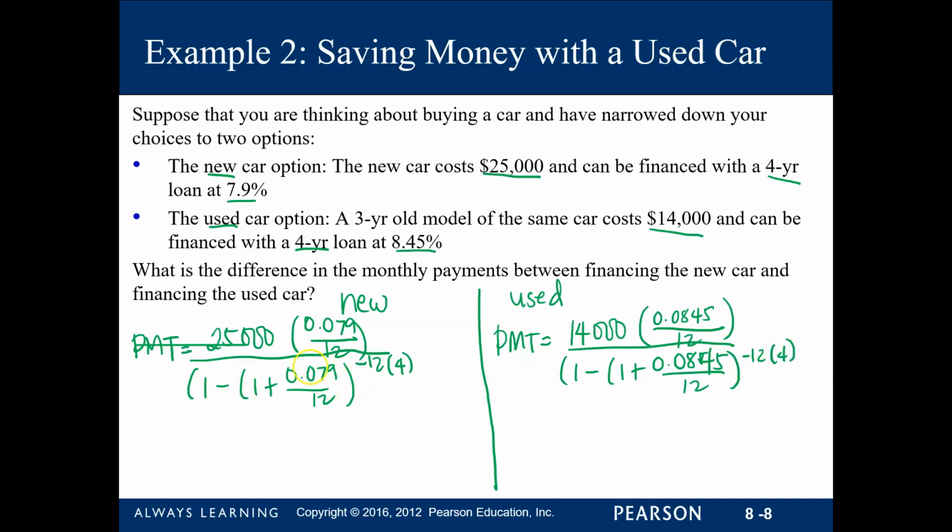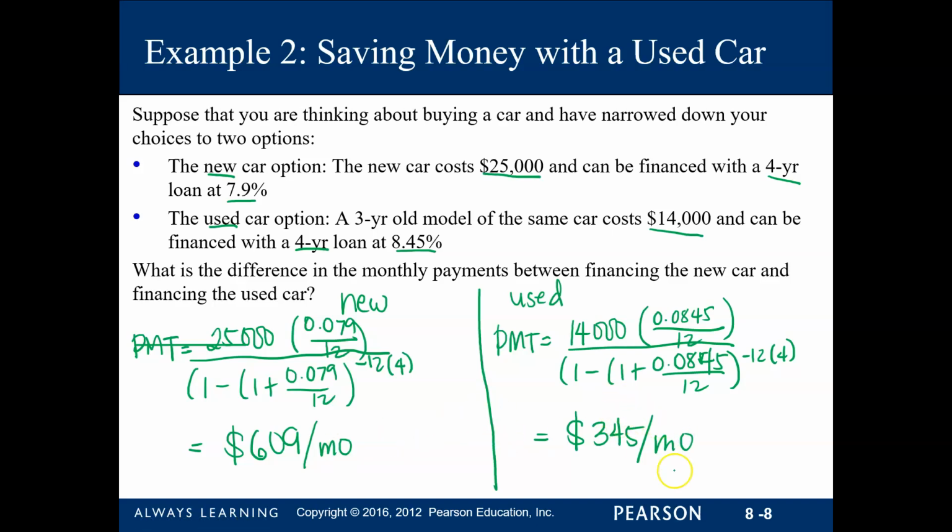If you plug this into your calculator, the monthly payment for the new car is going to be around $609 every month. For the used car, you will see that it is going to be around $345 every month.